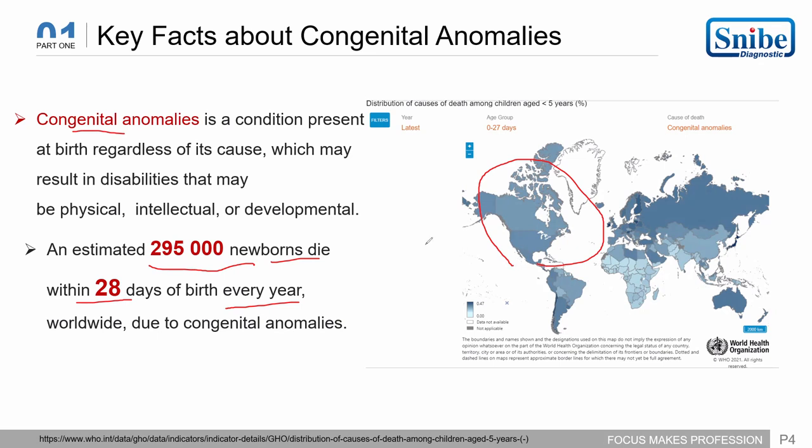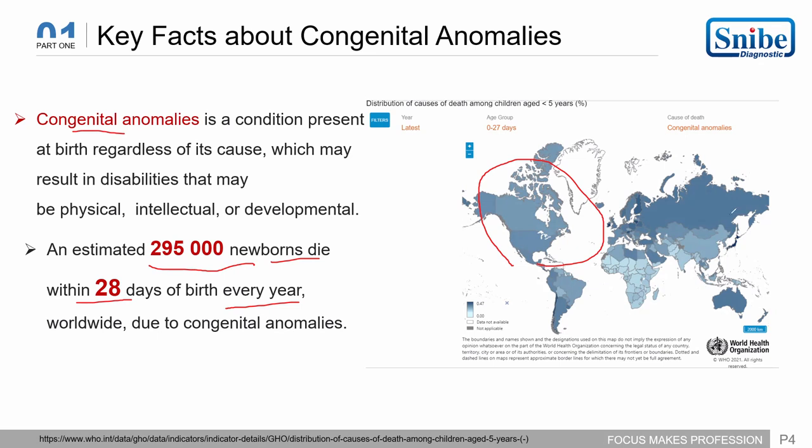Globally, it is estimated that 8 million newborns are born with a birth defect every year. This is the burden of congenital anomalies worldwide, 8 million, in which 9 out of 10 children born with a severe birth defect are in low and middle income countries.